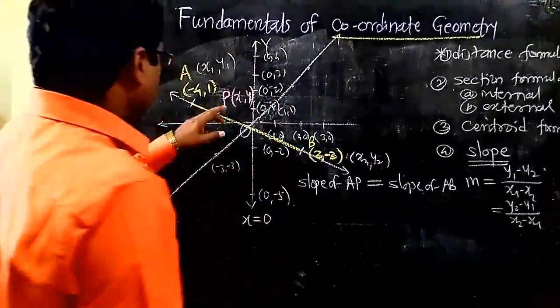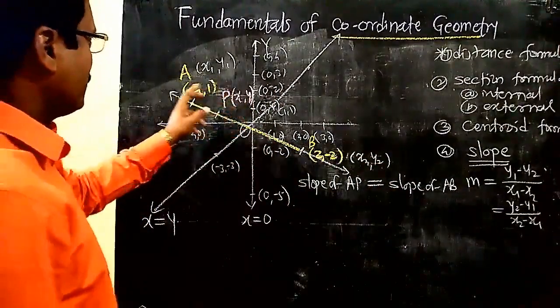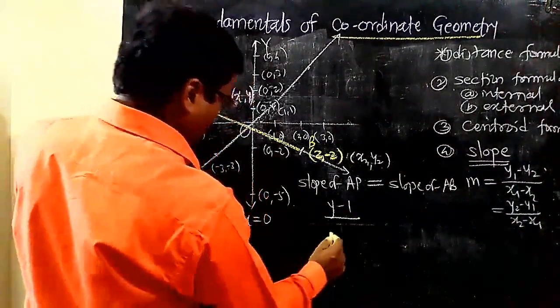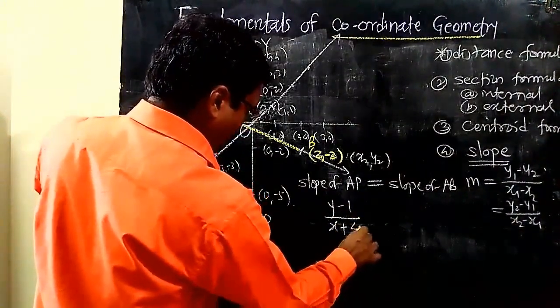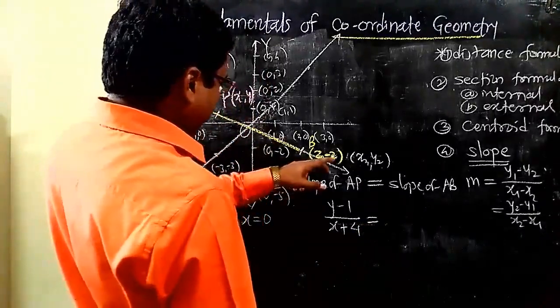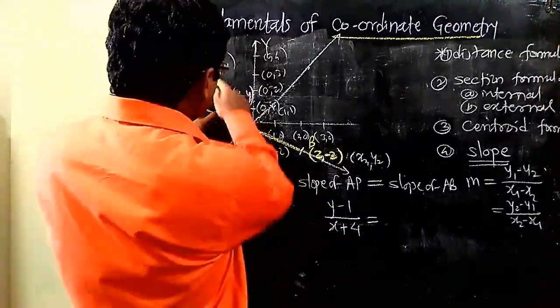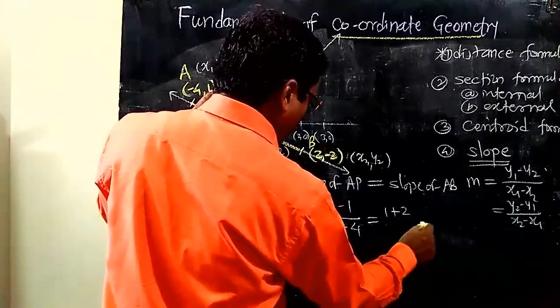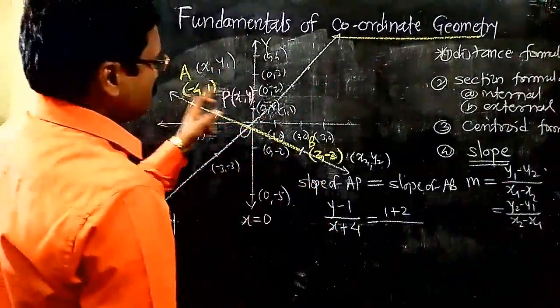So what is slope of AP? AP is nothing but the difference between y and x. So y minus 1 upon x minus 4, that is x plus 4. That is equal to slope of AB, that is y1 minus y2. So 1 minus 2, that is plus 2 upon minus 4 minus 2.